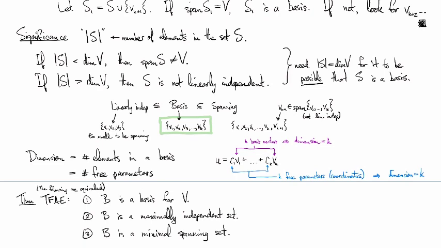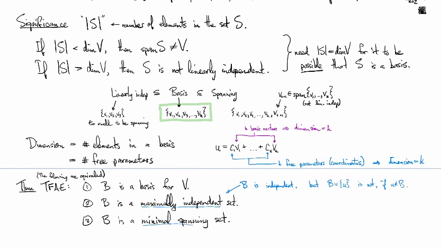And in case it's not clear what these terms mean, just to be precise, maximally independent means that B is independent, but if I add anything else in, so if I throw in some other vector u that's not already an element of B, then I get a resulting set which is no longer independent.